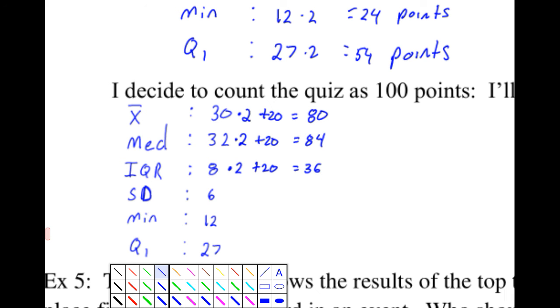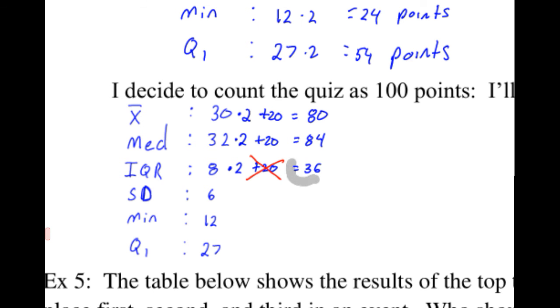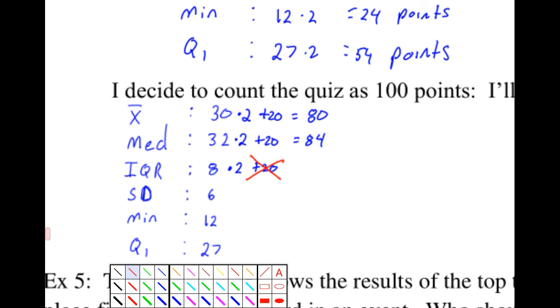But wait, I just discussed this very, very strongly. No, you do not add to the IQR. Even though we're doing both operations here, we only ever multiply measures of spread. You will never shift, add, or subtract from them. Common mistake is where we make a lot of mistakes. But no, never ever do that. All we're going to do is multiply.